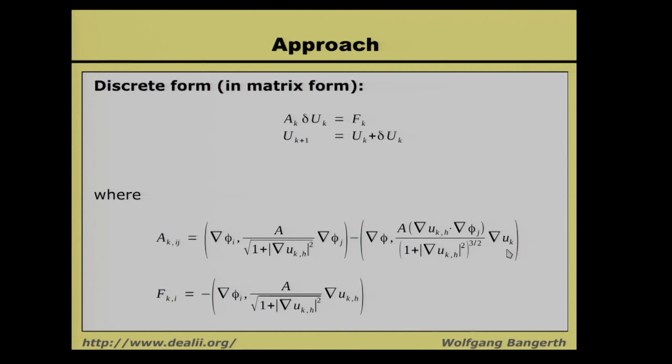Here I have this a that I'm going to set to 1, so I have 1 over the square root to the 3/2, and here 1 over the square root. So I'm going to define a coefficient that is 1 over the square root, and here it's just this coefficient cubed.